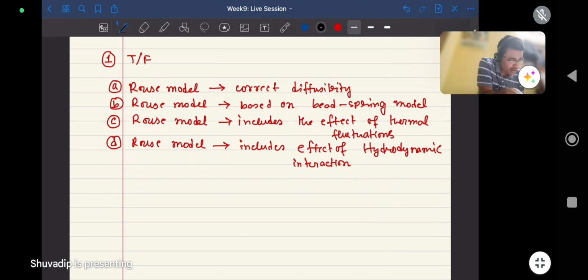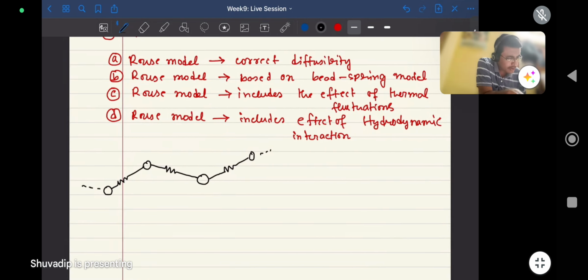So basically Rouse model is an extension of the bead spring model of polymer. Suppose these are the beads connected by springs, which is representing the polymer. Suppose this is the nth bead, this is n minus 1, this is n plus 1.